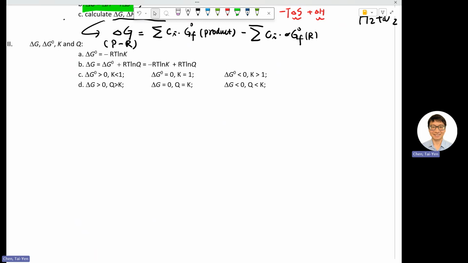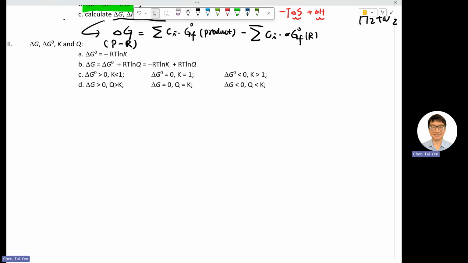So delta G equals 0 is the special point, the temperature at which your system is at equilibrium. Any deviation will move the system in different directions, so your spontaneity is going to change at that specific temperature. That's the first thing you should know.